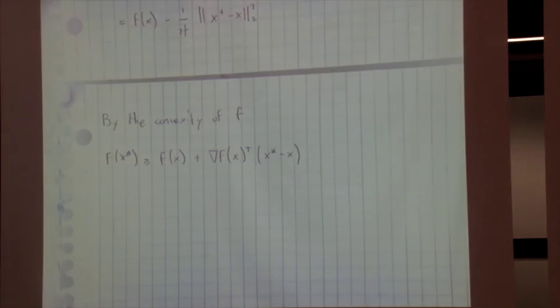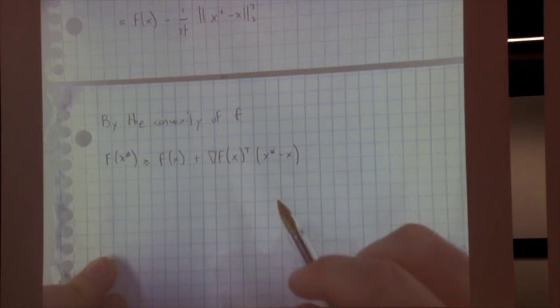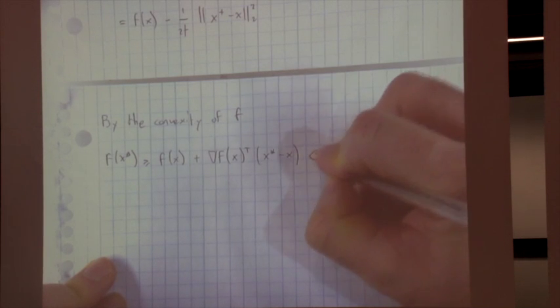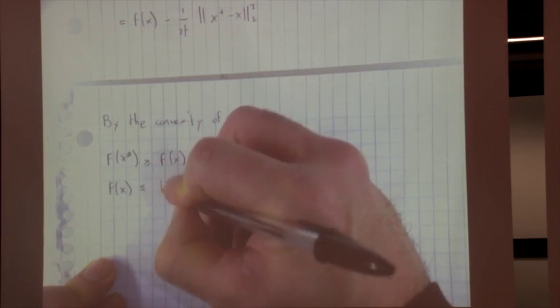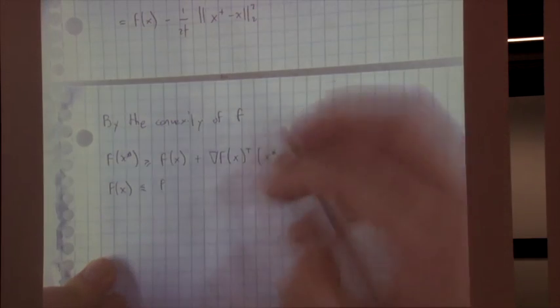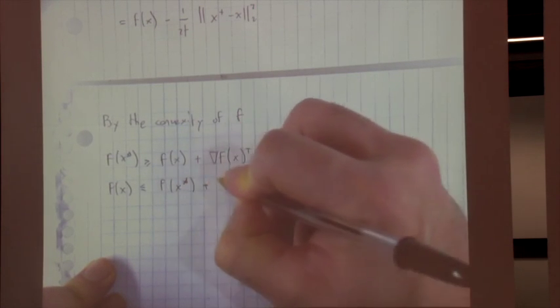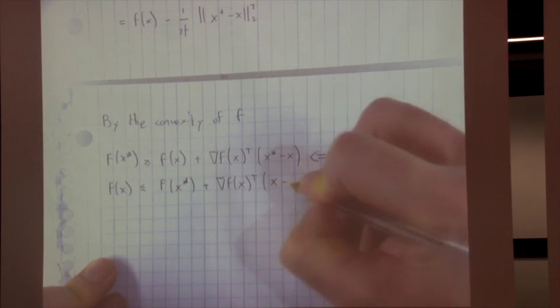I'm just writing the definition, the first order characterization of convexity, so the function is supported by all of the tangent lines, which is equivalent to saying that f of x is less than or equal to, I'm just moving this side to the other side, f of x star plus the gradient of f at x transpose x minus x star.